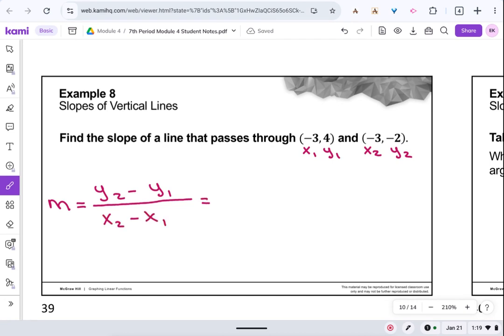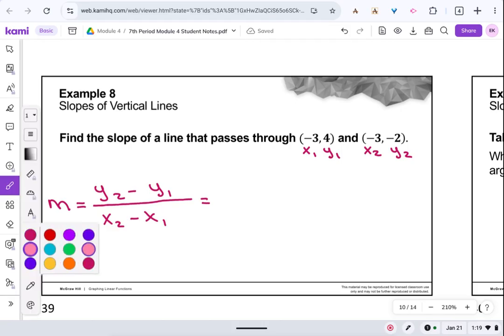I'm just going to kind of jump next to the next piece here. y2 is -2, minus sign in the middle. y1 is 4. x2 is a -3, minus sign in the middle. And x1 is also a -3. If we do our calculations, I've got -6 on top, and then I get 0 on the bottom this time.